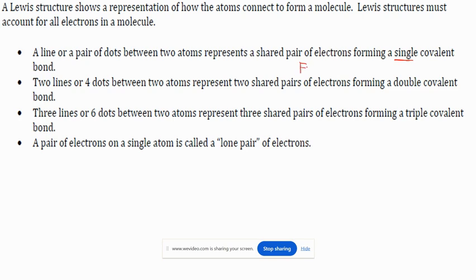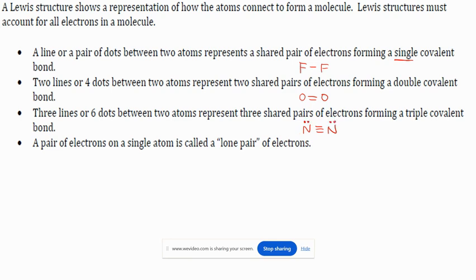So for example, if we had fluorine, this line would indicate that these 2 fluorines are attached to one another. This is what 2 oxygens would look like. And this is a triple bond, and that is what 2 nitrogens would look like with a triple bond.